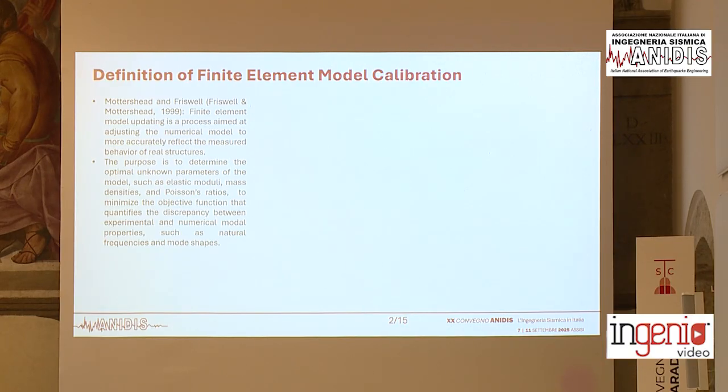Usually it is defined as a minimization and optimization problem where an objective function quantifies the discrepancy and difference between the modal parameters, or also static parameters, but mostly dynamic properties such as the frequency and mode shapes of the numerical model and the real structure.